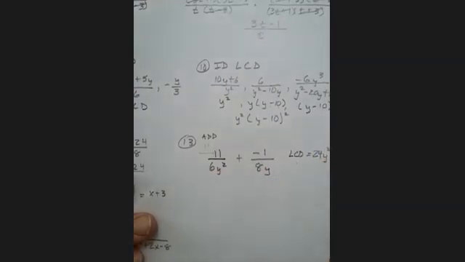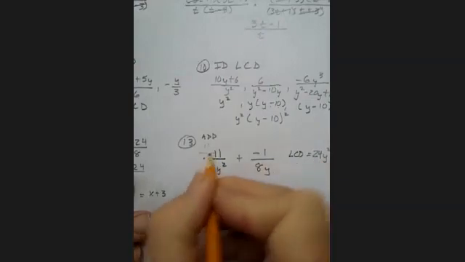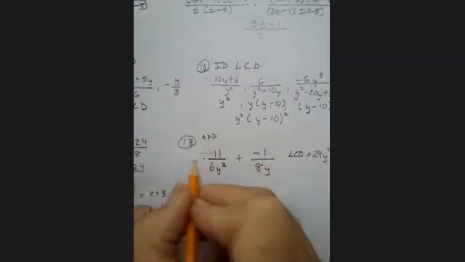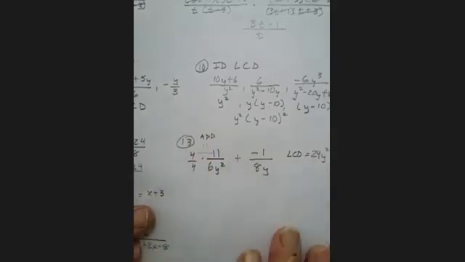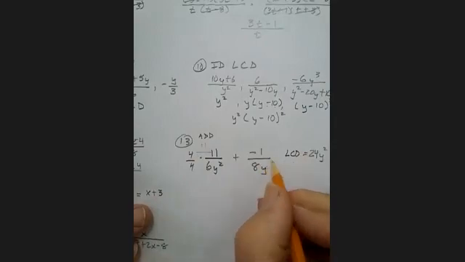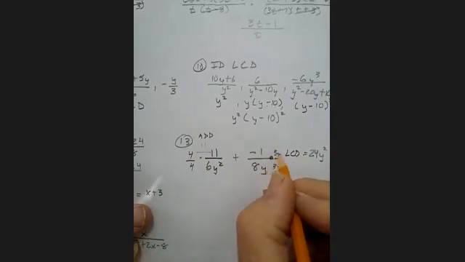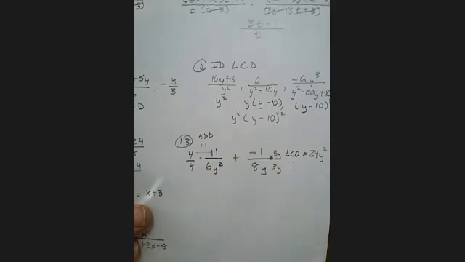Now remember, what do I need to multiply 6y squared by to get 24y squared? All I need to do is multiply the top and the bottom here by 4. What about this? All I need to do is multiply the top and the bottom by 3y.